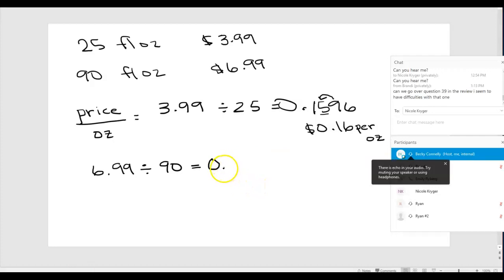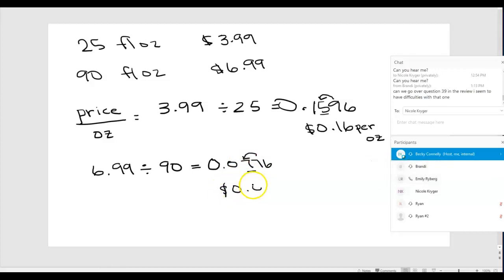So point... yeah, exactly right. All right, does that make sense? And just making sure that you're rounding it.